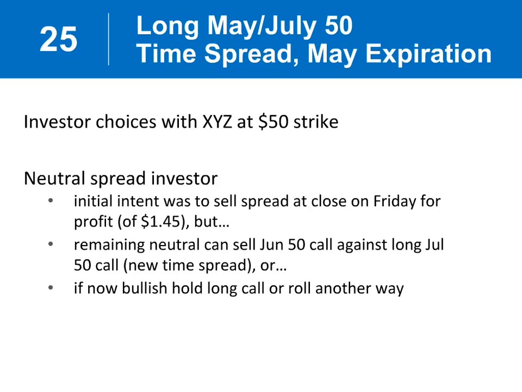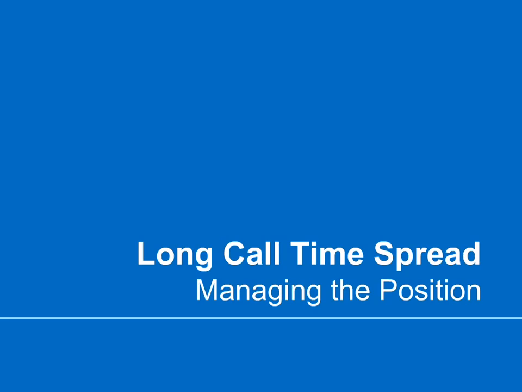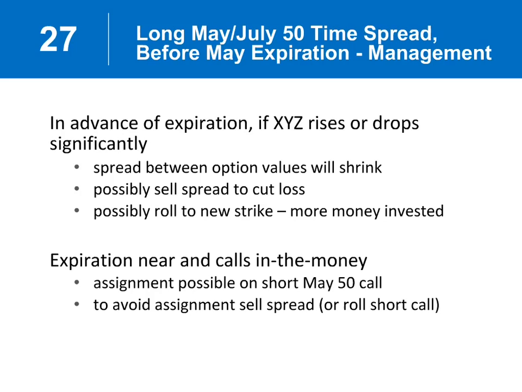So in terms of managing the position in slide 27, in advance of expiration, if XYZ drops or rises significantly, well, as we talked about, our forecast was for the underlying to hang out right about the strike price where we put this thing on. If the stock's going to rise significantly or fall significantly, the value of that time spread is going to decrease.